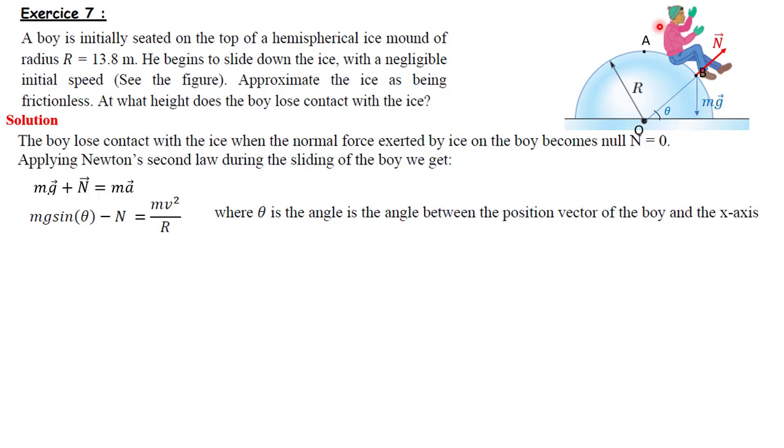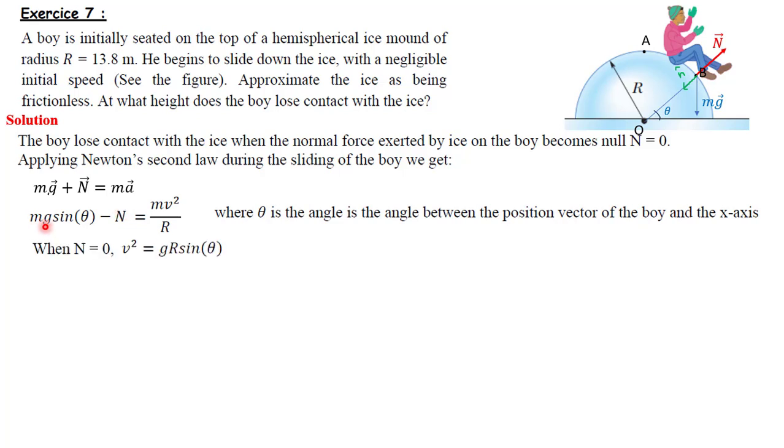Now let's project N on the normal unit vector. Now I will draw the normal unit vector. It's directed, as I said, toward the center of the circle. Now the projection of the normal reaction on the normal unit vector will give minus N. And the projection of ma on the normal unit vector will give m a_N, and a_N is equal to V squared over R. Okay, so let's put N equal 0.